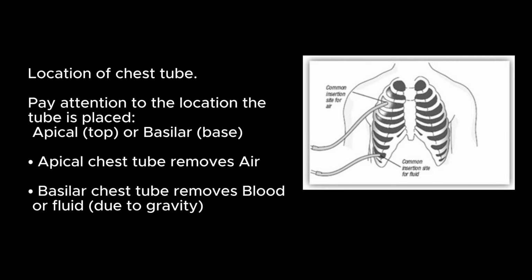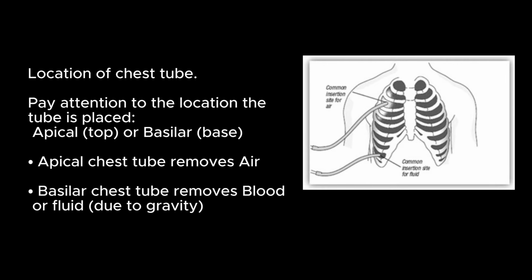If a chest tube is inserted at the top, it is referred to as an apical chest tube. If it is inserted at the base, it's called a basilar chest tube.